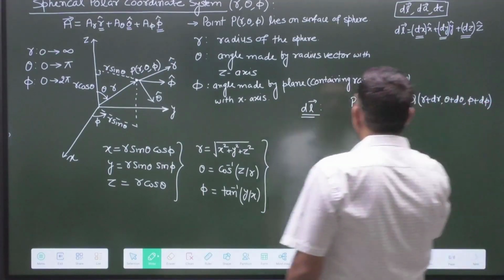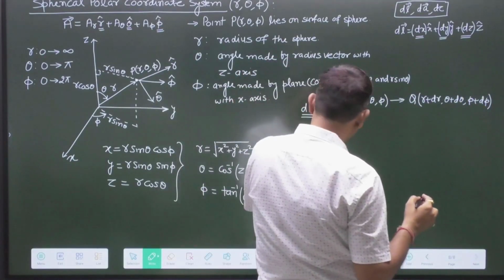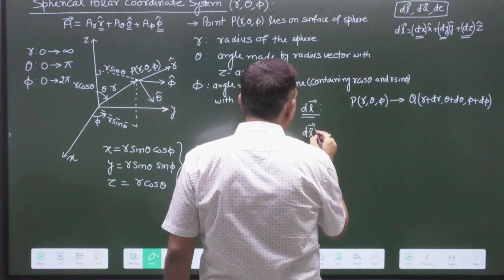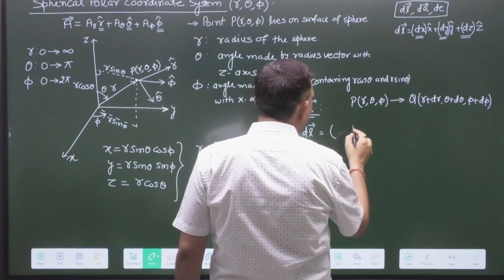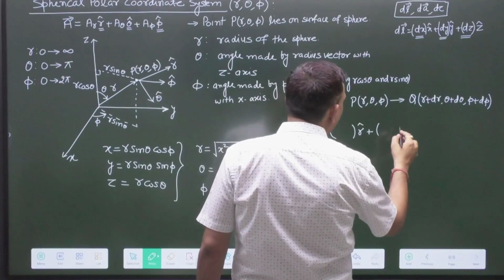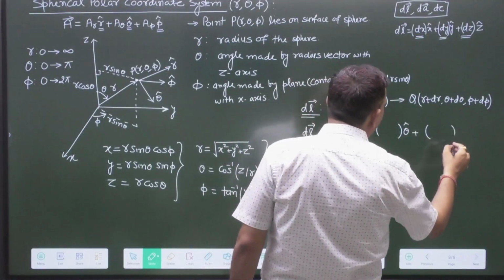So again, the dl vector you will write as... we will see what will change along r cap, what will change along theta cap, what will change along phi cap.